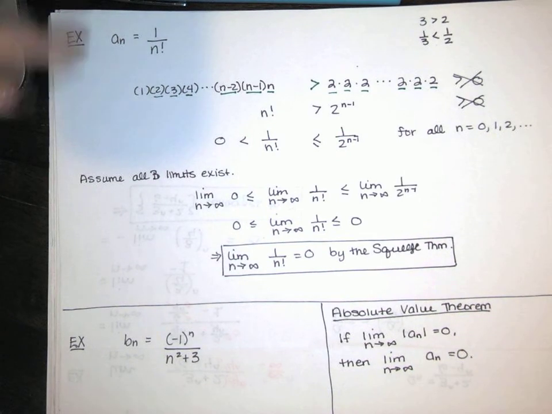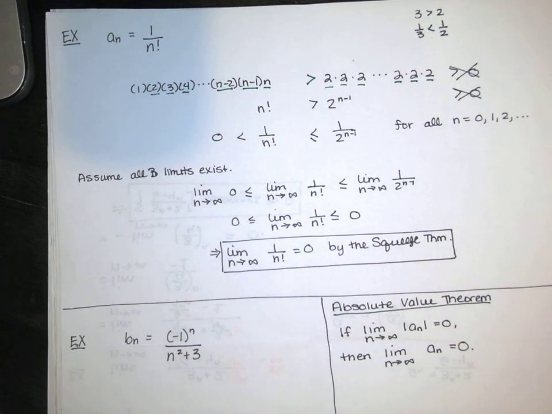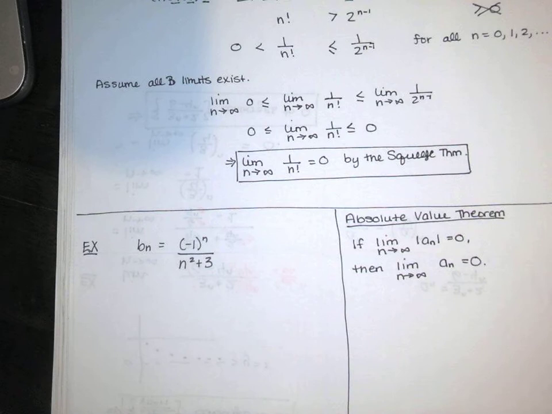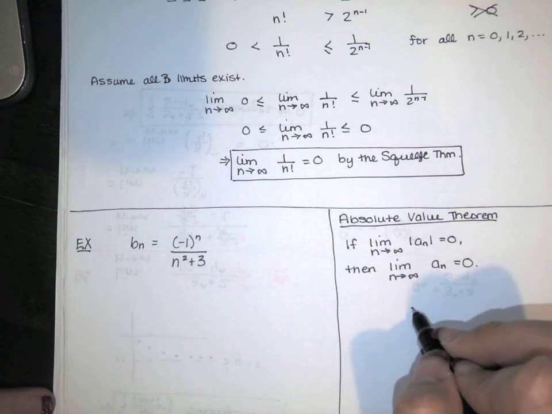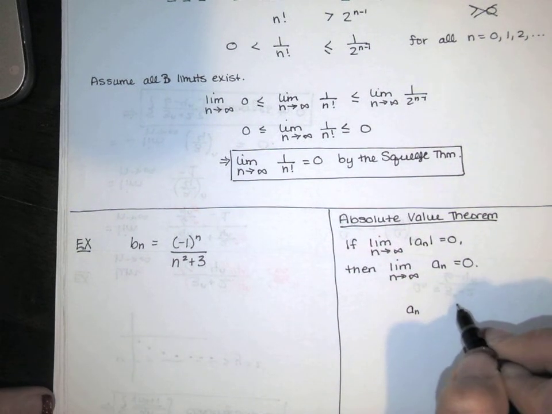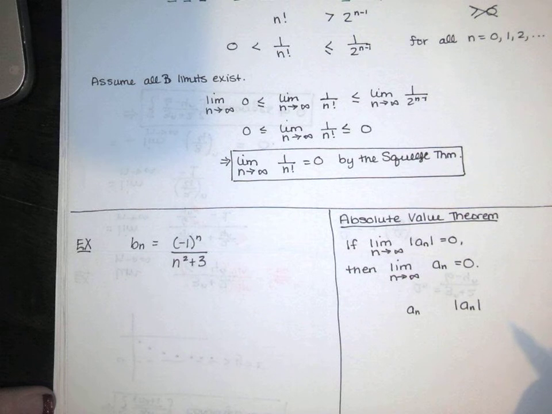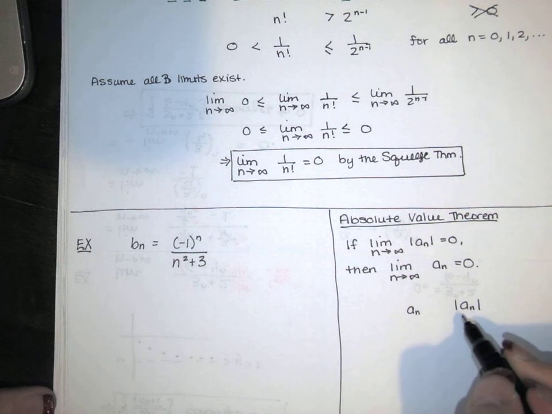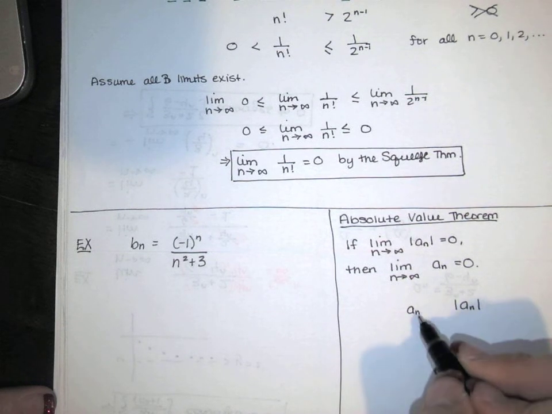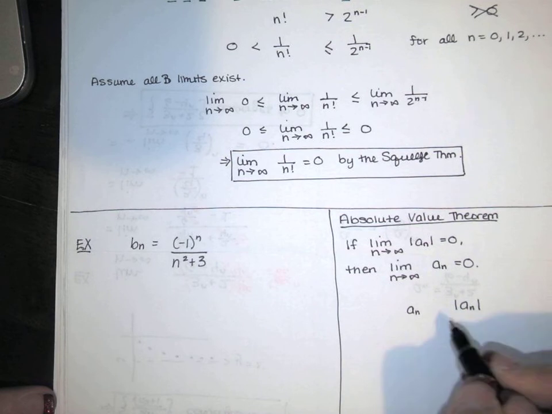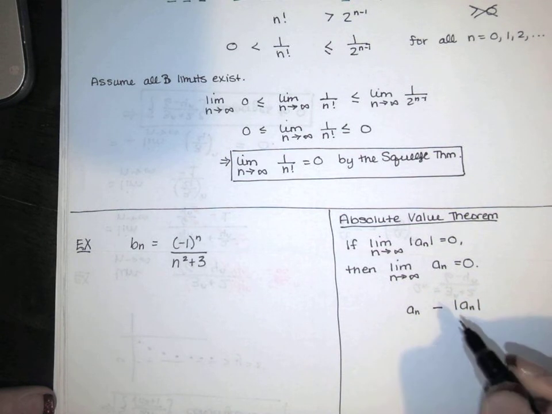And I think that makes sense because of what we know about absolute value. If I'm comparing a sub n to its absolute value, if a sub n is positive, those are going to be the same, right? So I could put an equal sign.